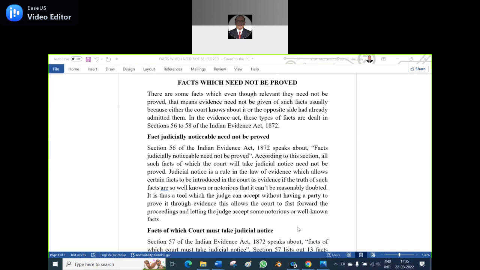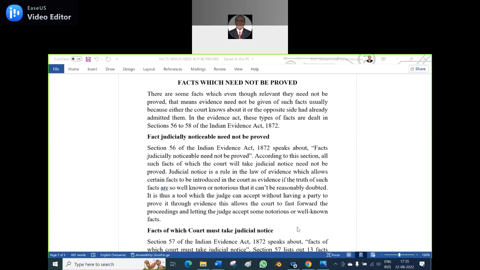According to this section, all such facts of which the court will take judicial notice, when the court has taken judicial notice, those facts need not be proved. Number one, the other party admitted it, and those facts need not be proved.